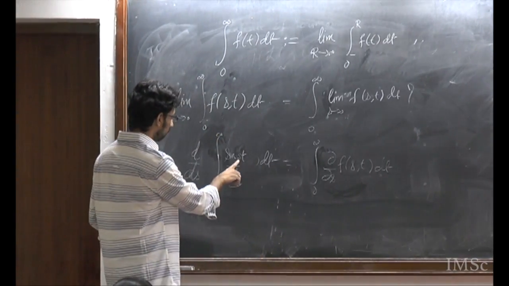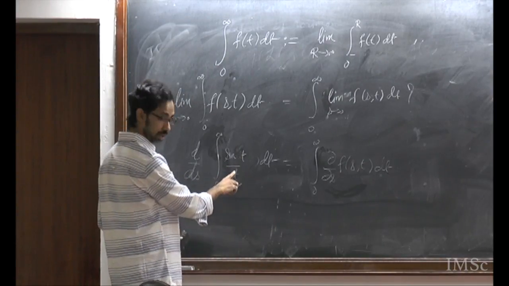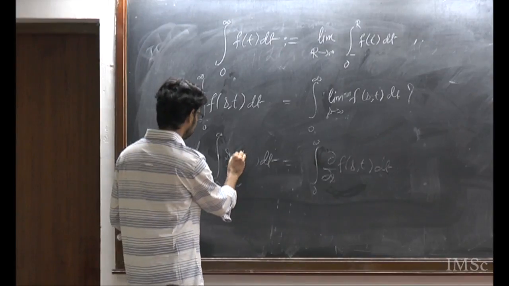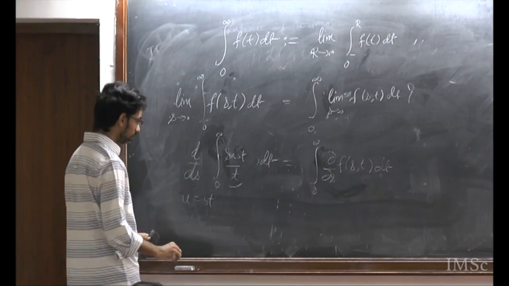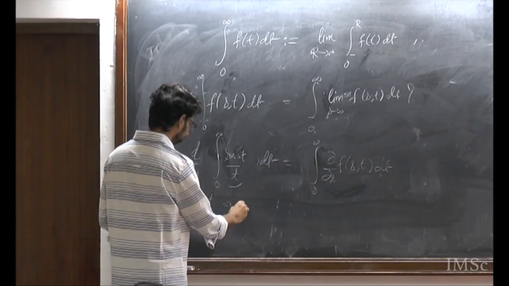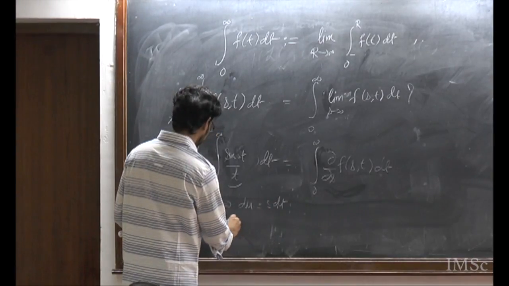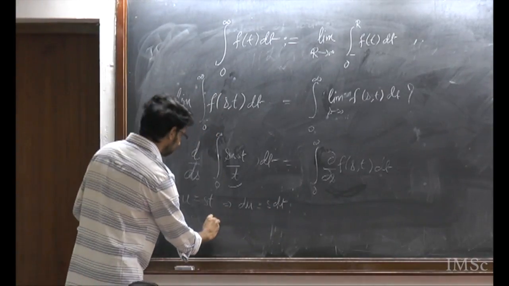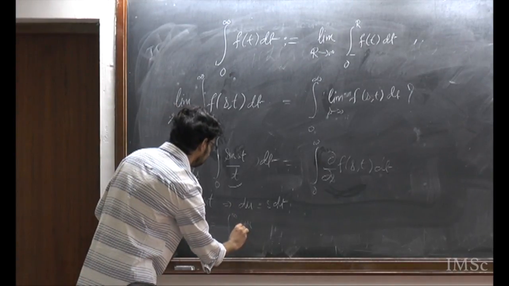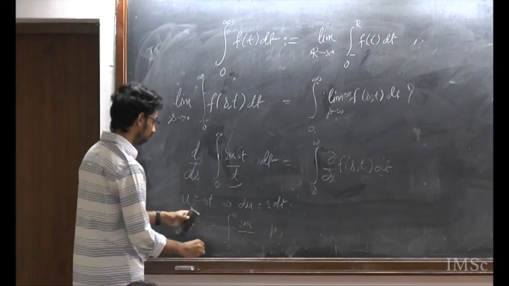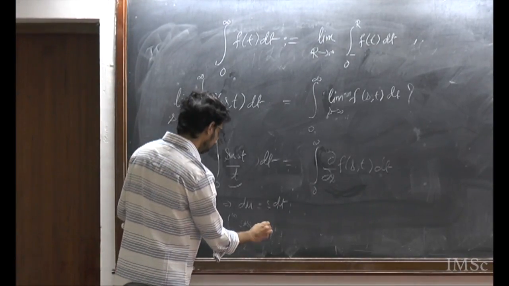Actually you can change variables here, and this goes away. For example, I just put u equals st. Then du is s dt, right? So what will this be? 0 to infinity sine u by u, and dt is du by s.